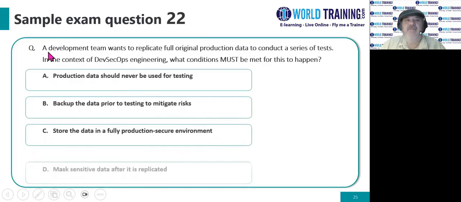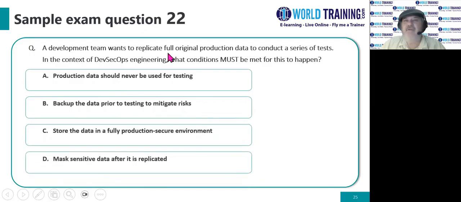Question 22. A development team wants to replicate full original production data to conduct a series of tests. In the context of DevSecOps engineering, what conditions must be met for this to happen? Production data should never be used for testing. I wouldn't say that.